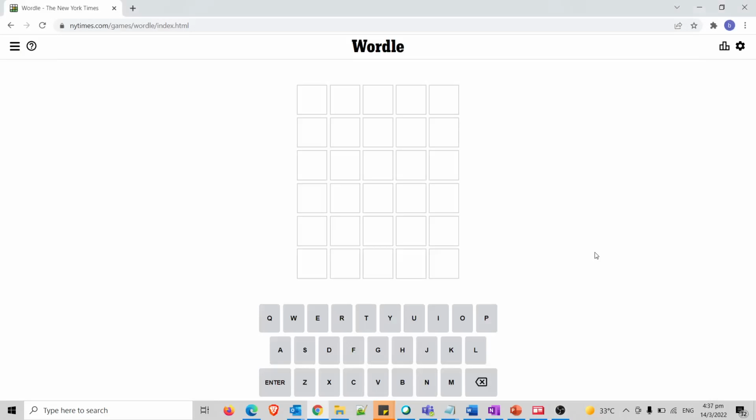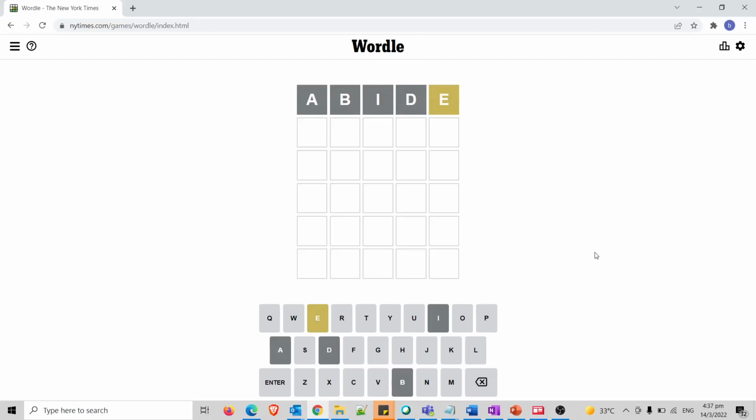So let's apply these rules practically. I open the Wordle website. Now let's start with our four words. Okay, so we have E. Now I'll go with types. So we have T, E, and S, but all are at the wrong spot.